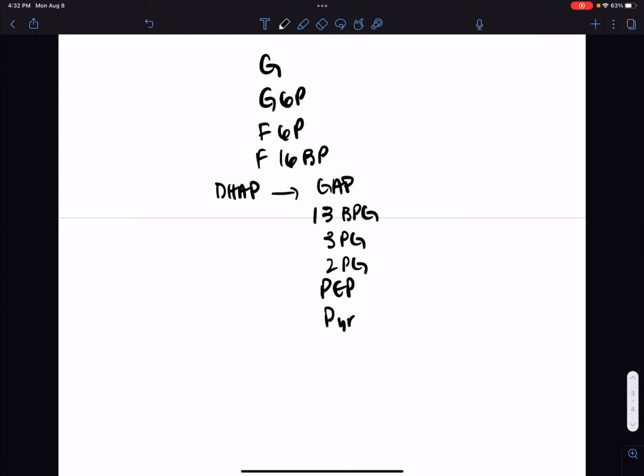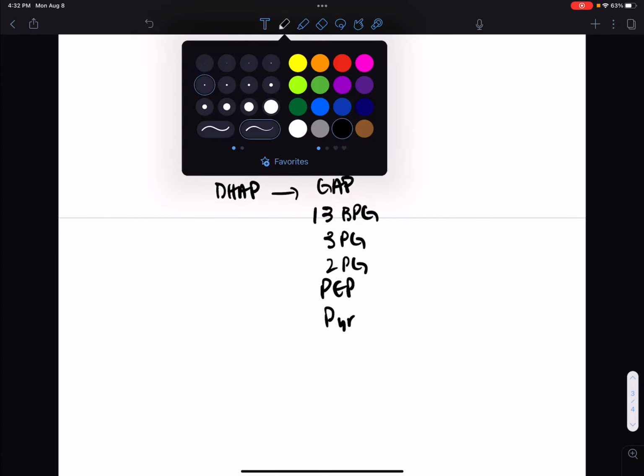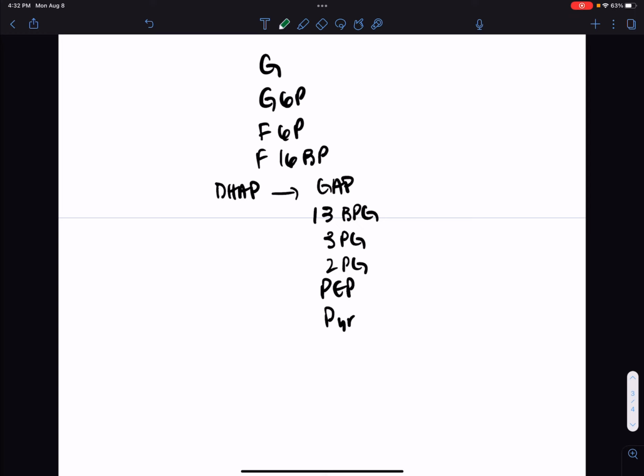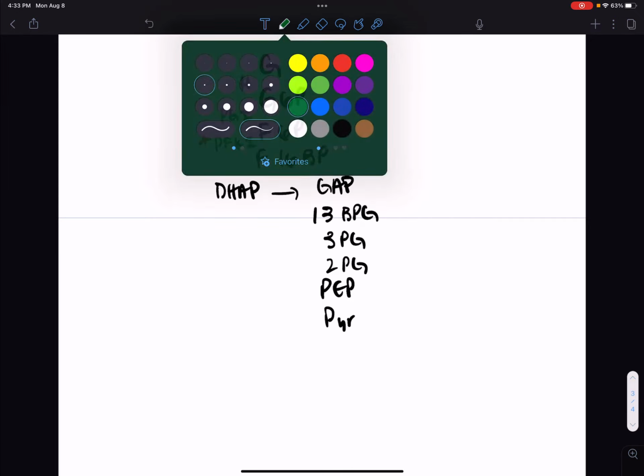From here, I said, okay, now how can I remember the enzymes? I'm going to try and shorthand the enzymes too. So I started off with hexokinase, and then I went to phosphoglucose isomerase, and then to phosphofructokinase 1, which is essentially Big Daddy here, the committed step, the one that we need to remember without a doubt.